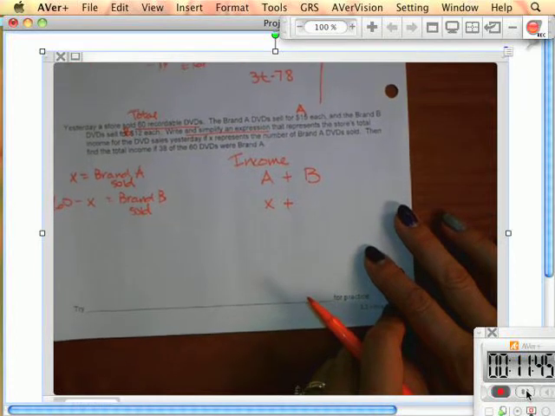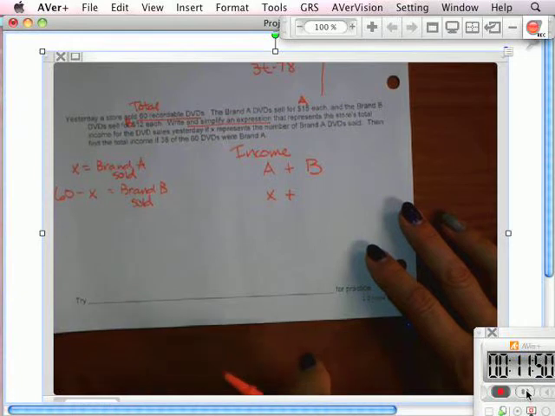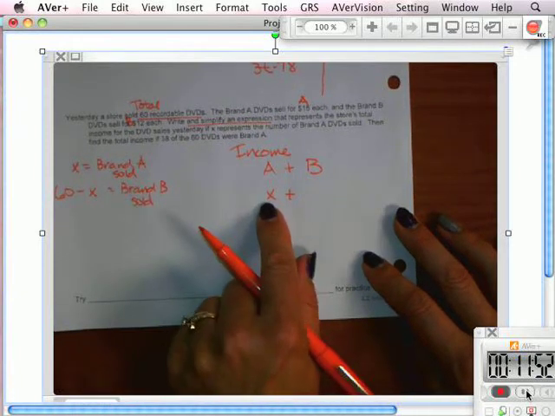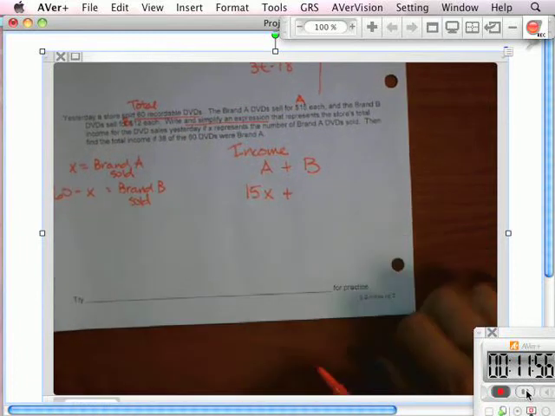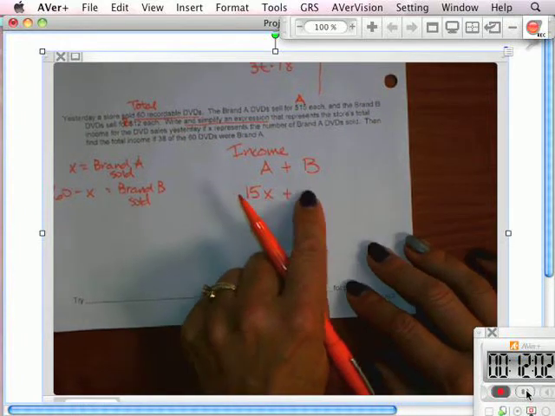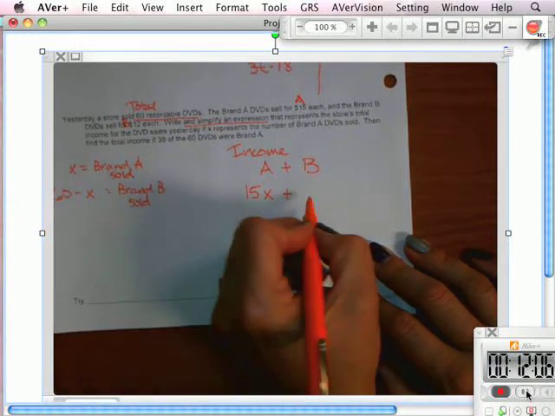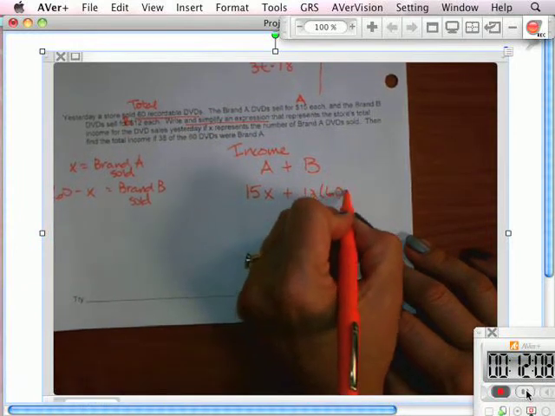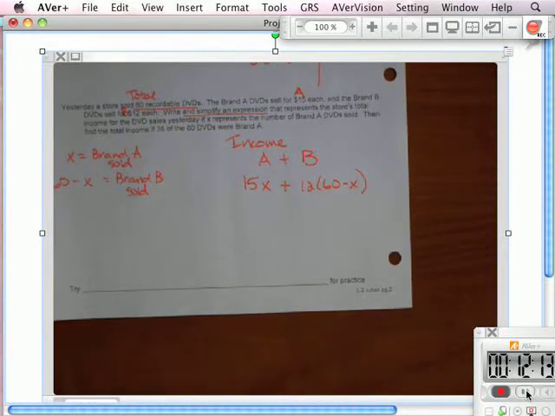Do we know how much each A video is? So if we're talking about income, we have to multiply this X by what? 15. How much is each B DVD? So it's going to be 12 times what we are choosing to represent B with. So 12 times 60 minus X. Income is A plus B. A is worth $15.